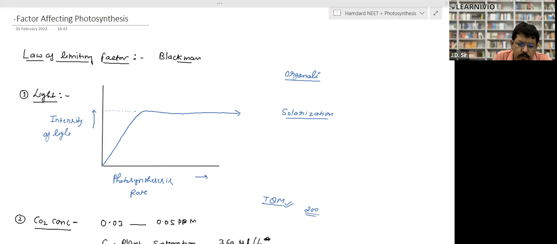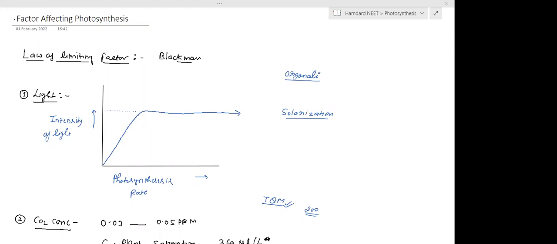So what actually we do is take a solution of the pigments, right? From the chloroplast we take out the chloroplast pigments, and we put the chromatography paper in. Now the rate of diffusion is different for different colors.